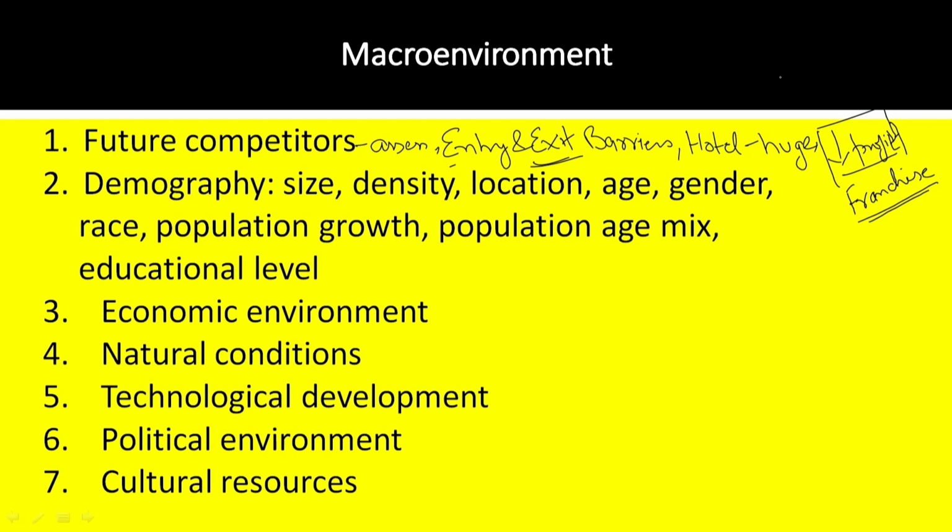Now we also need to understand here that tourism products operate in the global economy. So many times with outbound tourism, when people go from one country to another country, or people come from abroad to one country, the rate of change of foreign exchange plays a very important role. So when the euro prices go high, when the dollar prices go high, we see a downfall in the demand for outbound packages from India.